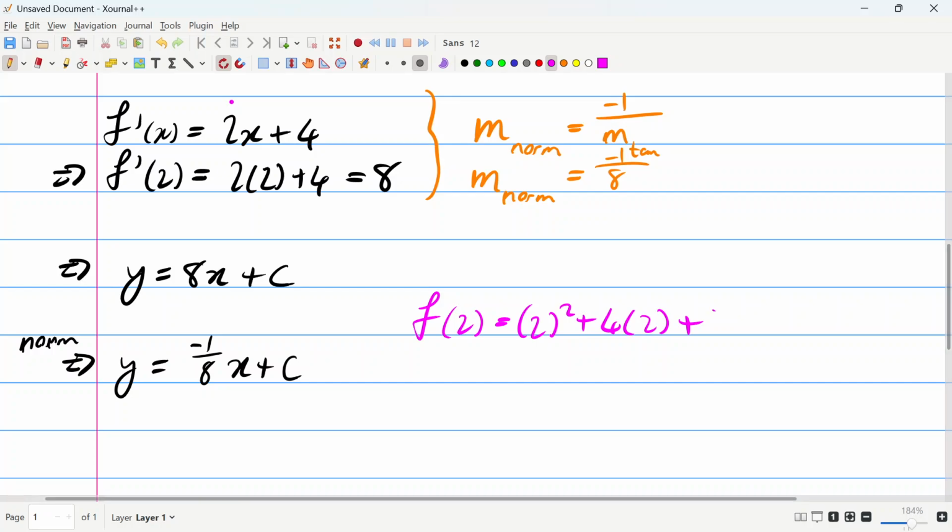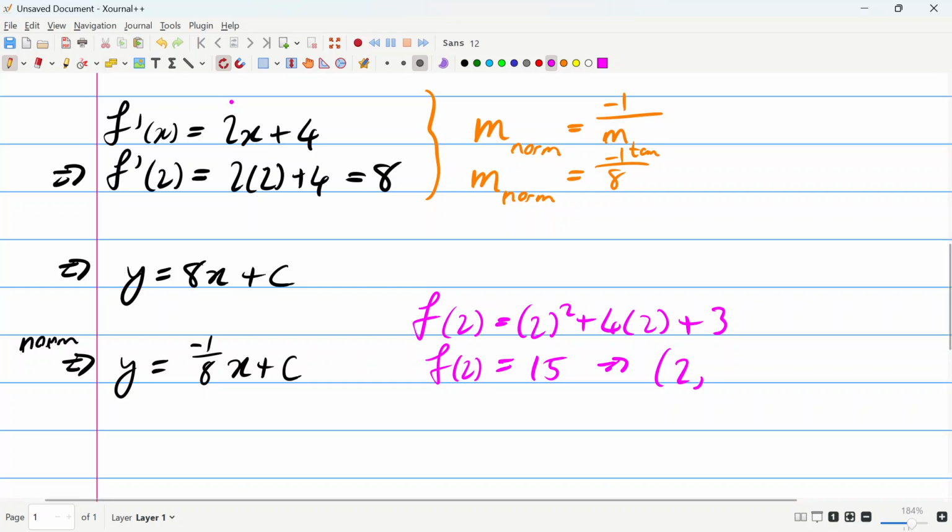Okay. And then this is just going to be 4 plus 8, which is going to be 12. 12 plus 3 is equal to 15. So which means that f of 2 is 15. So this implies to us that the coordinate is going to be 2 and 15, okay, at the point.